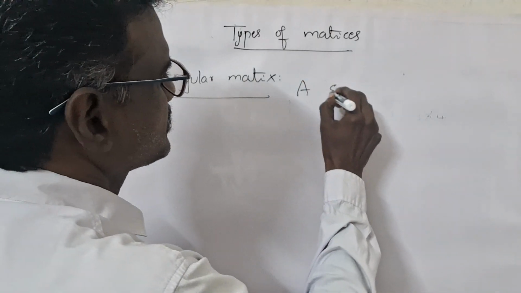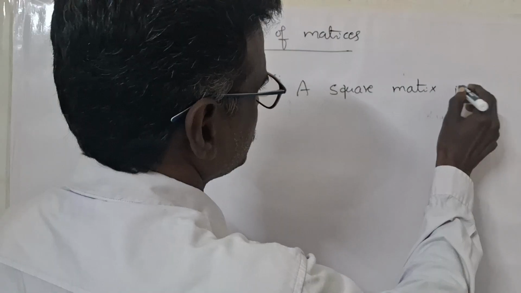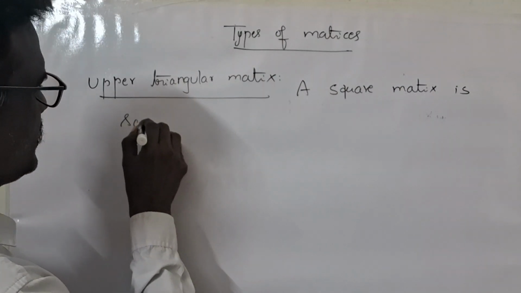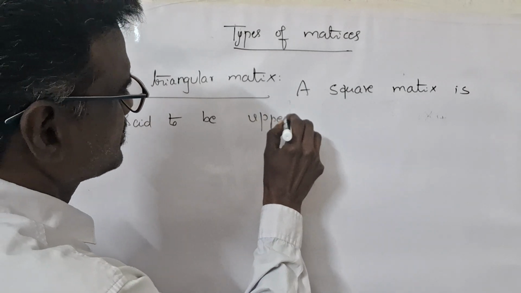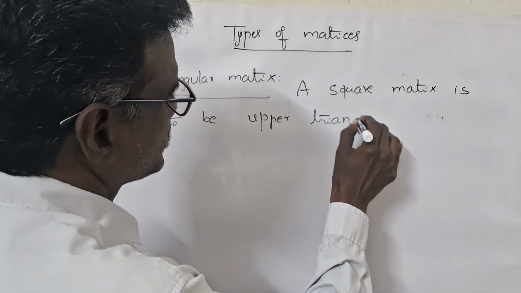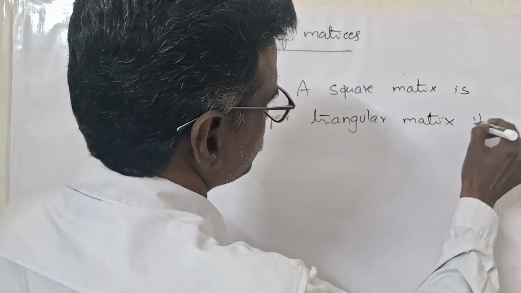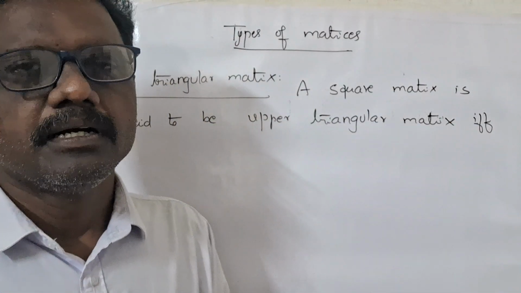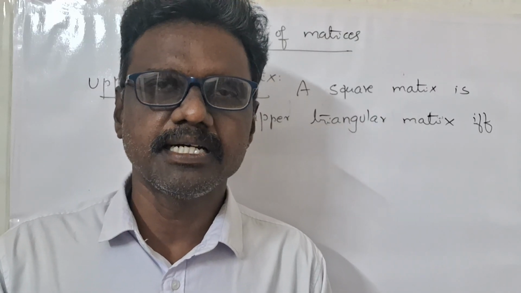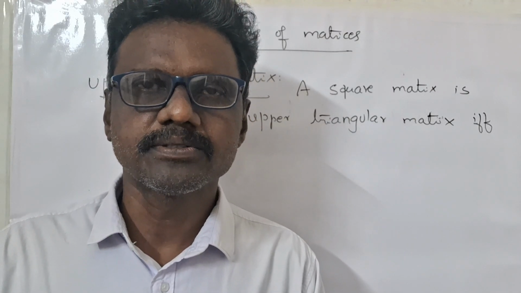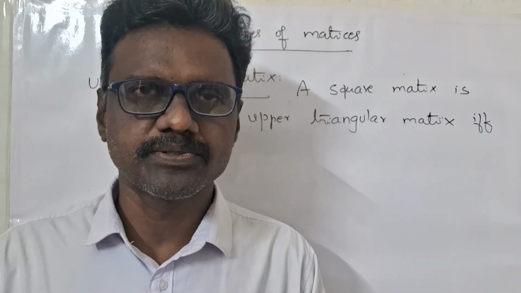A square matrix is said to be an upper triangular matrix if and only if all the elements above the diagonal or on the diagonal are non-zeros, and all the elements below the diagonal are zeros.